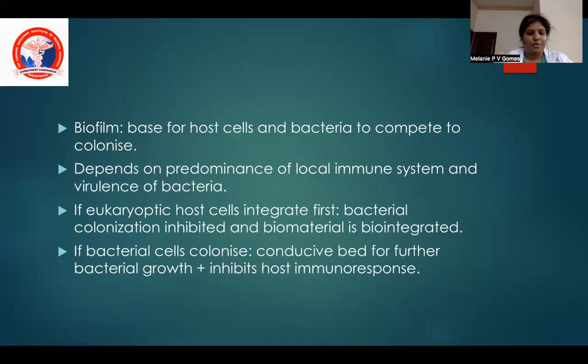This biofilm provides a base on which both host cells and bacteria compete to colonize. The end result depends on the predominance of host cells, the local immune system of the host, and the virulence of the bacterial colonies.